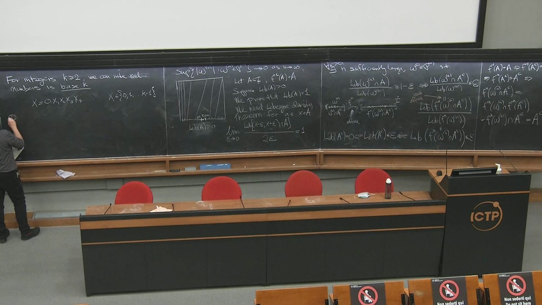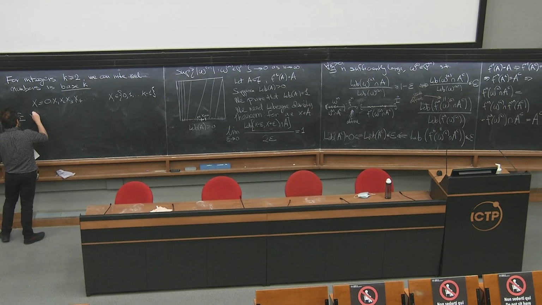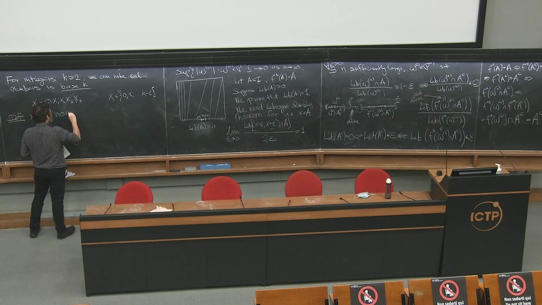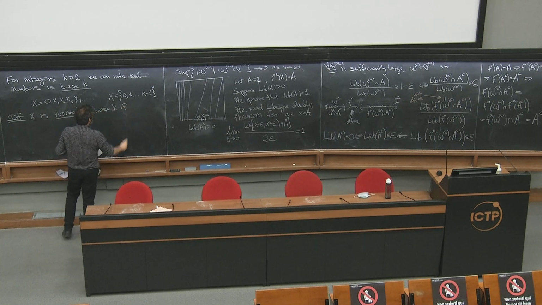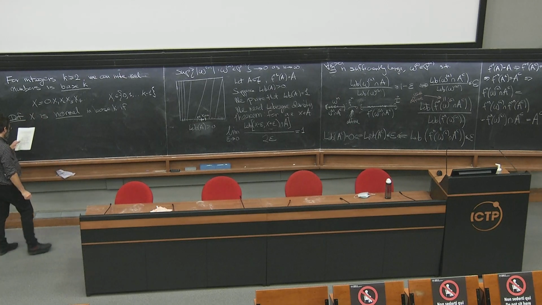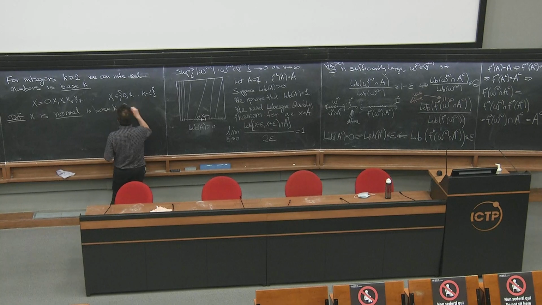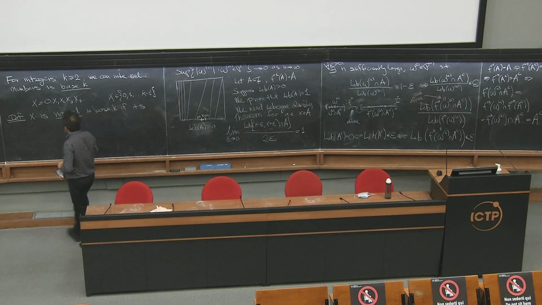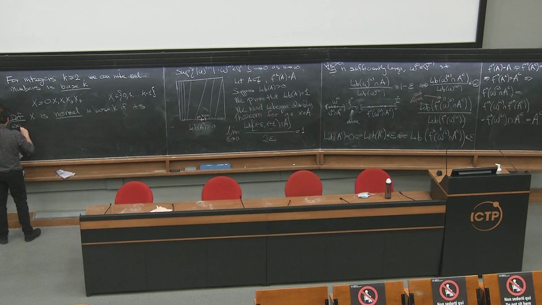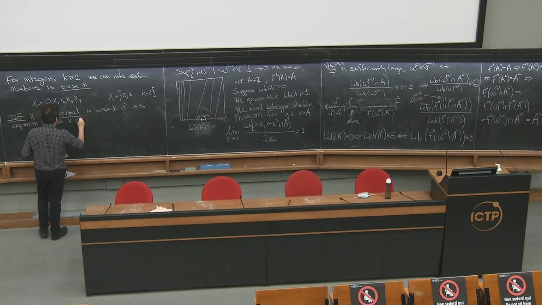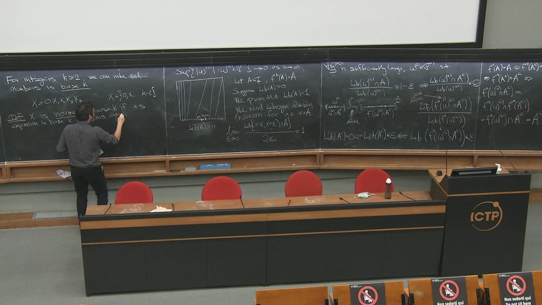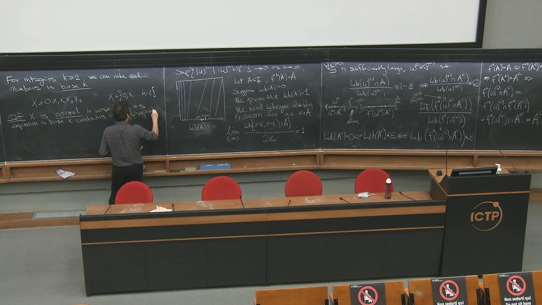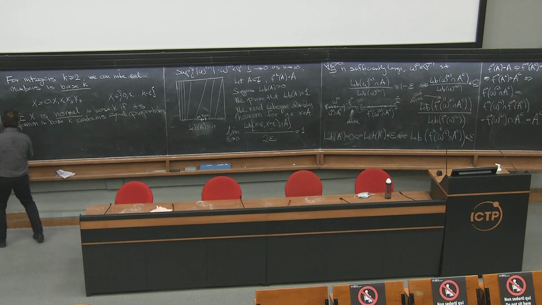We say that x is normal in base k if its expansion in base k contains equal proportions of each digit.